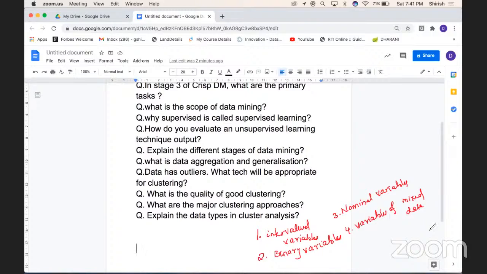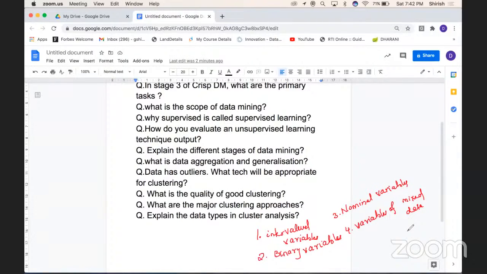So these are the four things which are possible for cluster analysis. So you have binary variables, you have nominal variables, you will have variables of mixed data also.